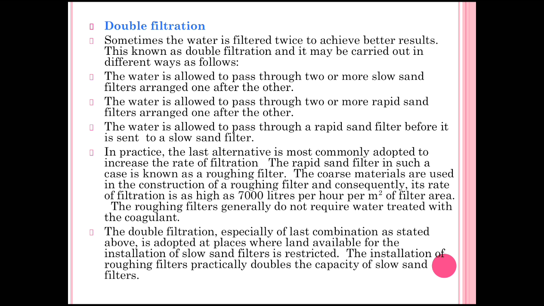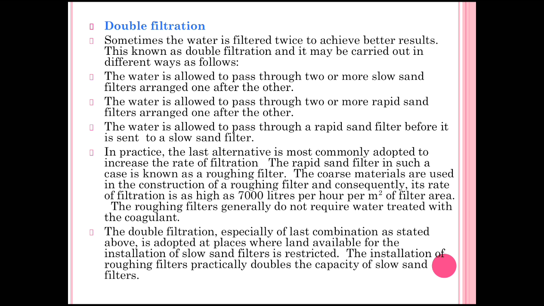The water is allowed to pass through two or more rapid sand filters arranged one after another. The water is allowed to pass through a rapid sand filter before it is sent to a slow sand filter. These are the general methods which are followed in double filtration process.